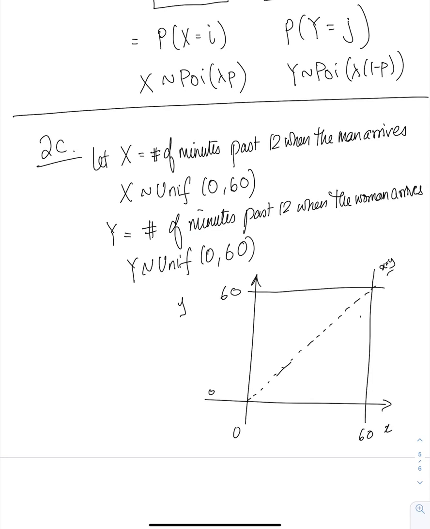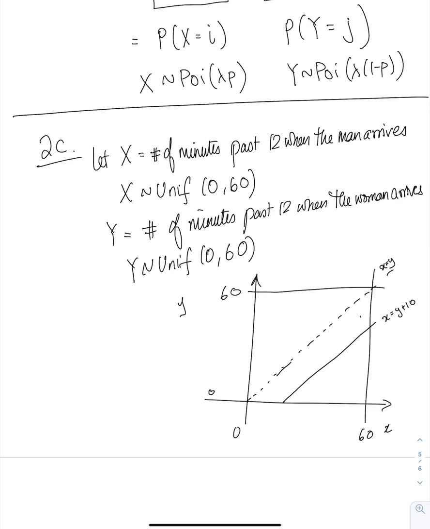We want to know, what if x arrived more than 10 minutes after y? So let's look at x equals y plus 10. So this line over here is x equals y plus 10.